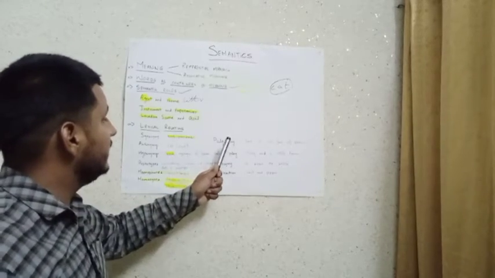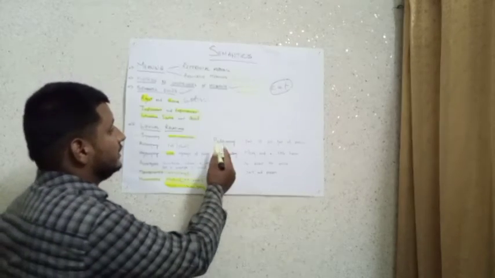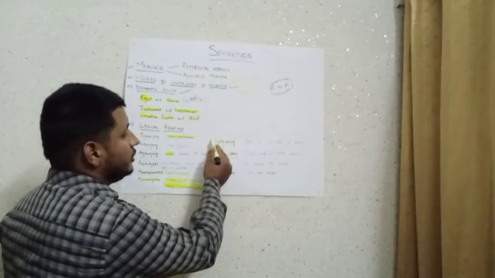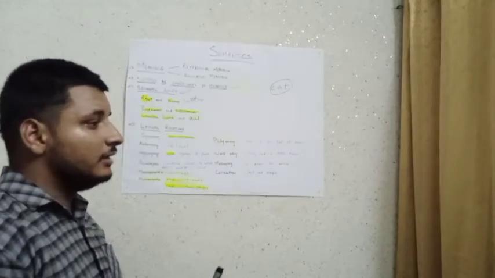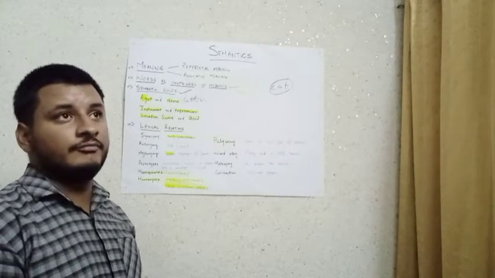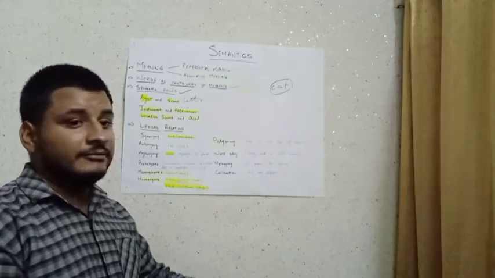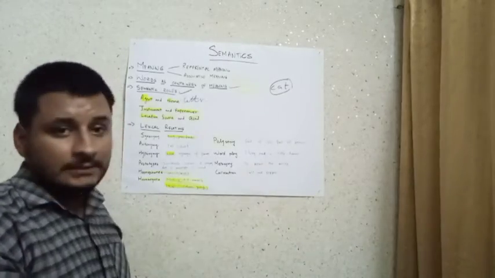Coming towards another category of lexical relations, polysemy. Polysemy is basically a single word used with different types of meanings. For example, foot of hill.